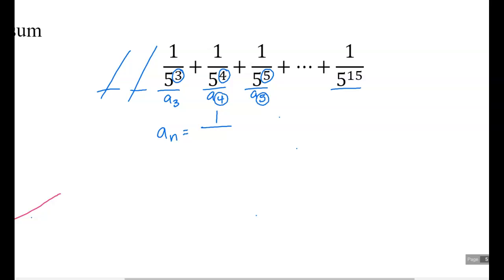What do you notice? So if I make this term 1, term 2, then I'm starting on term 3. My denominator is always going to have a base of 5, but what do you notice about the exponent?